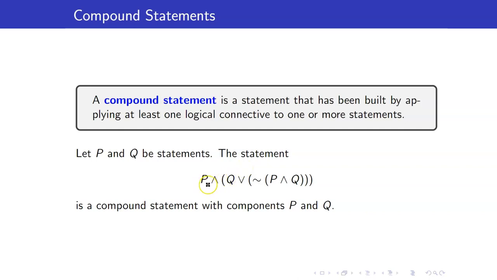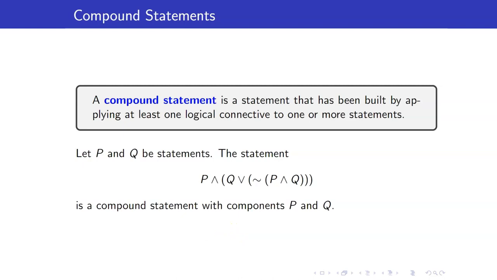The statement P and Q or the negation of P and Q is a compound statement with components P and Q. If we make a truth table for this statement, how many rows will it have? Your main components are P and Q, so therefore, how many rows will it have? It will have 2 raised to 2 rows.